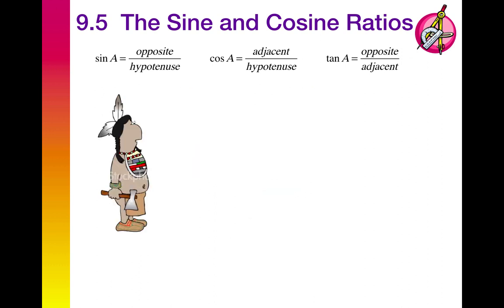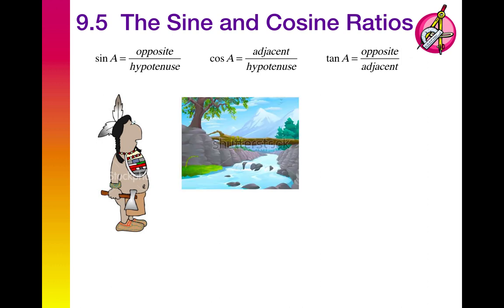We have this Native American, and he is an up-and-coming member in the hierarchy of his tribe, and he's a very promising warrior. He goes down to the creek to do a little bit of studying because he's a very knowledgeable person, and he's going to study about trigonometry. And he gets down there, and oh, he has an accident. He stubs his big toe, and it hurts.